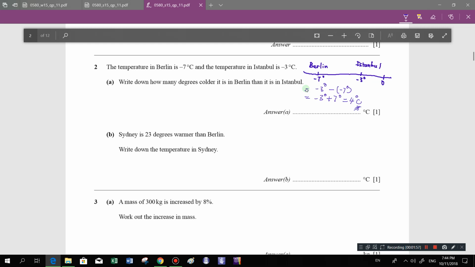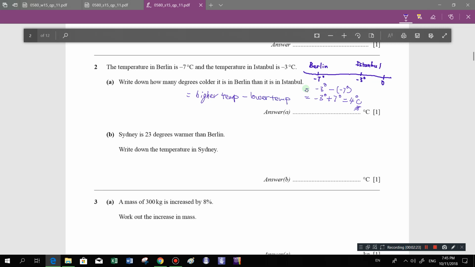Always remember, if you want to find the temperature difference, you always use this formula. The higher temperature you put first, and then you minus the lower temperature. This is always the case.